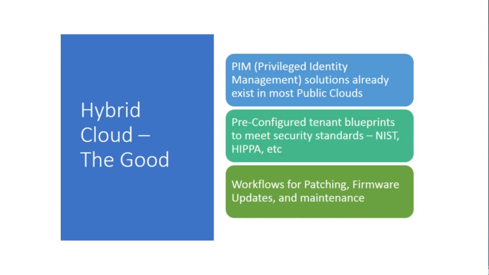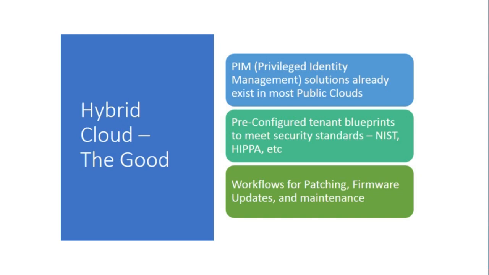So privileged identity management, Azure PIM, is one of my favorite cloud-based security technologies right now because it helps every organization answer the questions surrounding who has access to what, when does it change, why was it changed, what changed about it, and all those kinds of things.